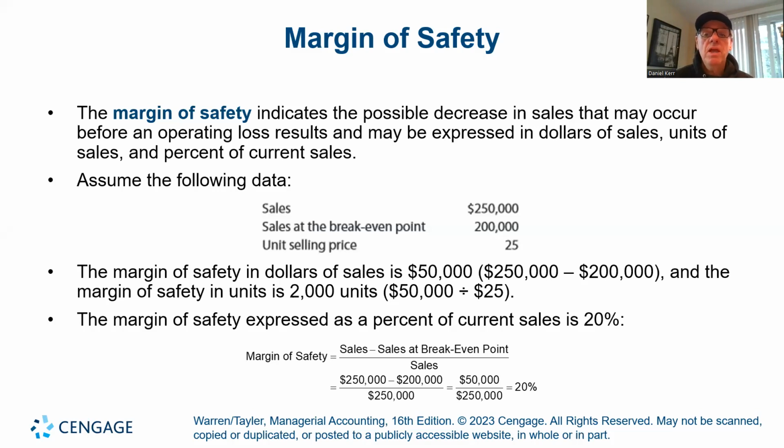So we know that in our cost volume profit analysis model, we assume that sales is just a function of volume. We know that we have costs, and we have costs that are both fixed and variable. So if we put these things on a graph, picture a graph with a vertical axis and a horizontal axis, with the horizontal axis going across this volume, and the vertical axis could be either costs or revenues.